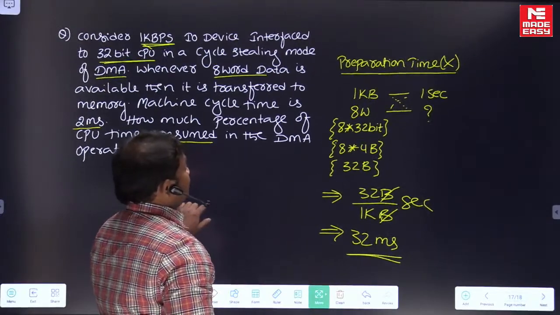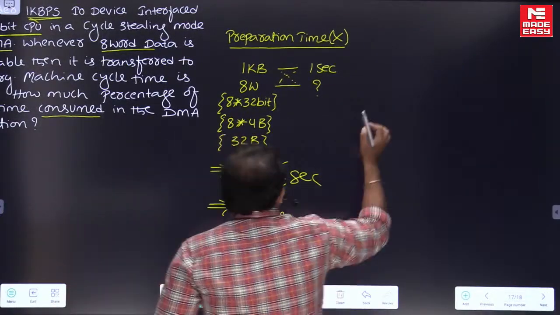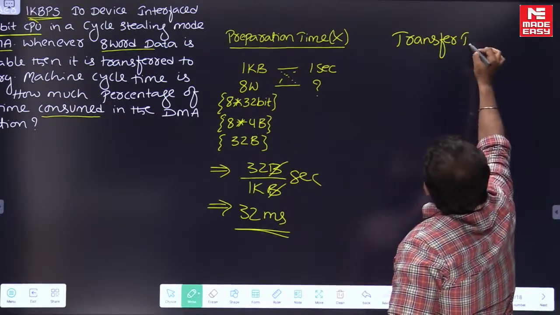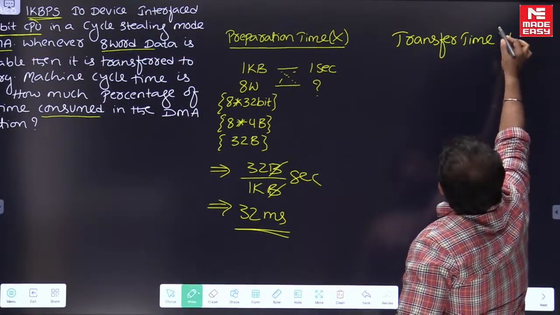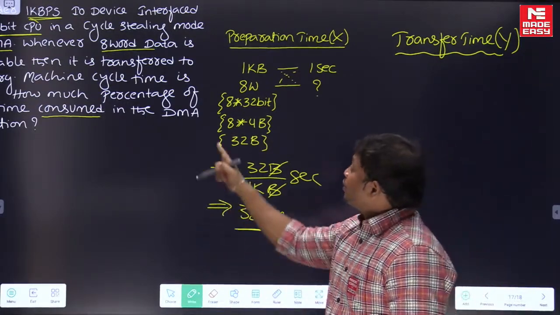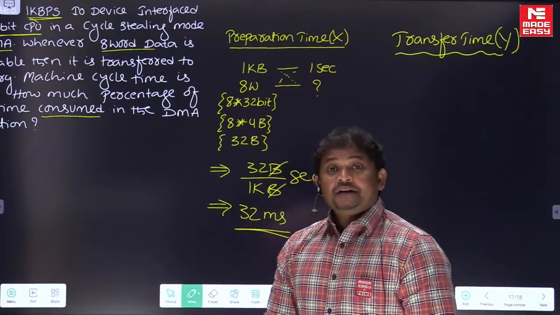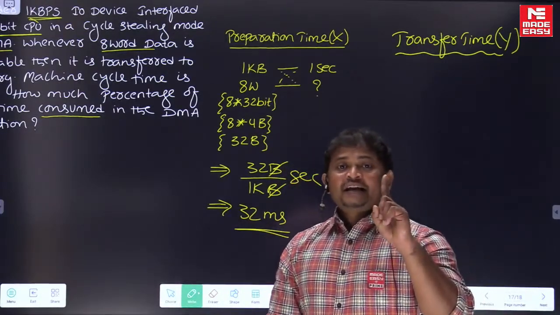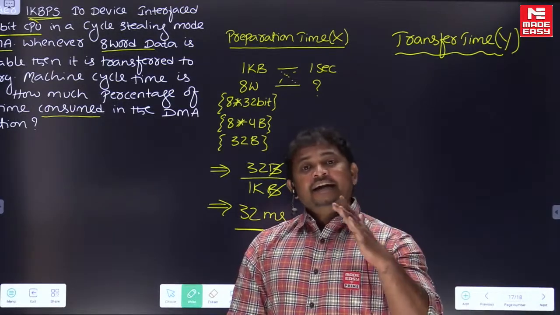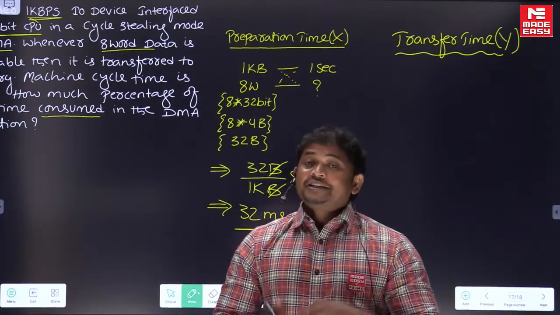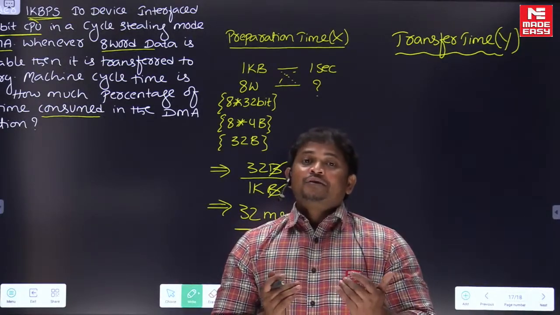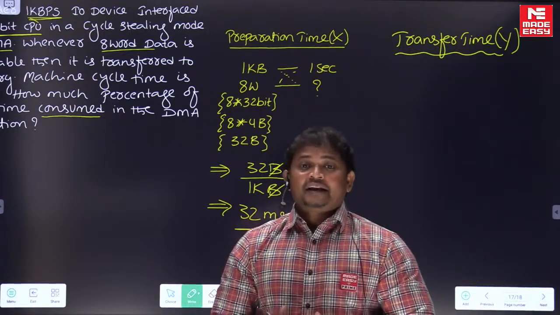Then what is Y? Y means transfer time. Transfer time depends on the main memory speed. In the question, the machine cycle time is given. In one machine cycle, one word of data is read from or written to memory. The machine cycle is the number of CPU cycles required to perform a memory read or write operation.